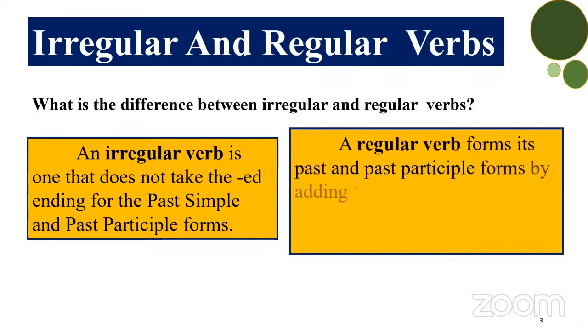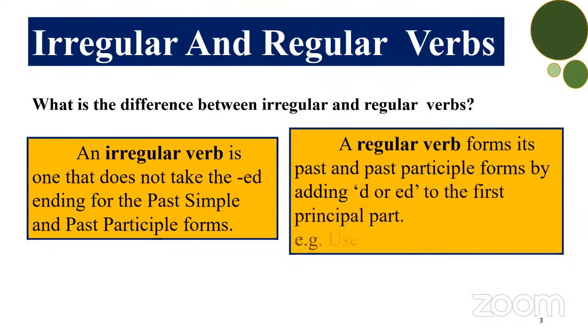An irregular verb is one that does not take the ed ending. For the simple past and past participle forms, they won't take the ed form, okay? Whereas regular verbs, in the past and participle, will be adding d or ed, right?